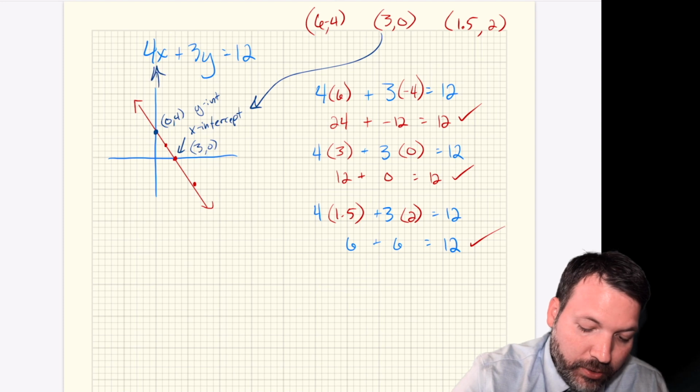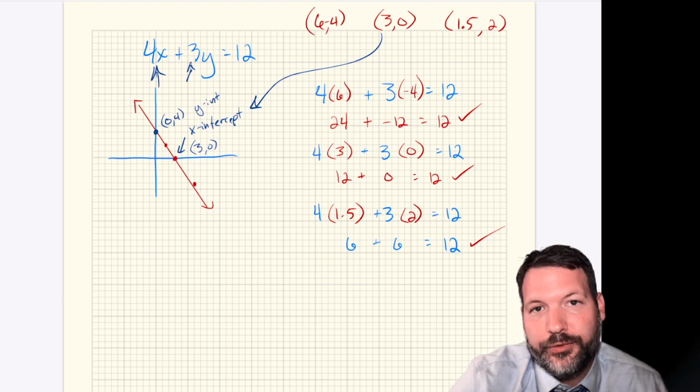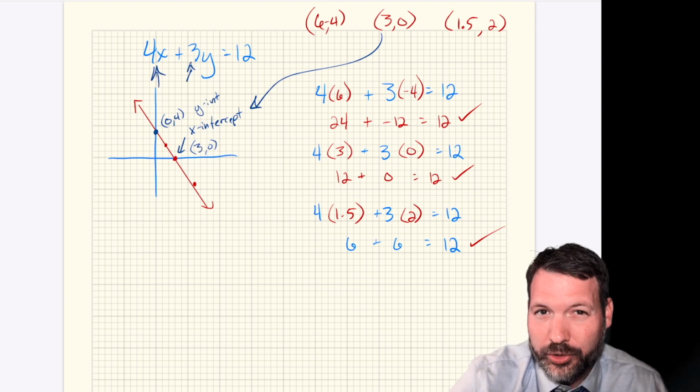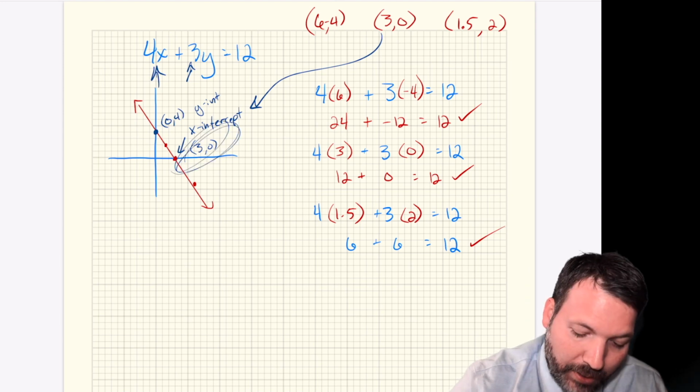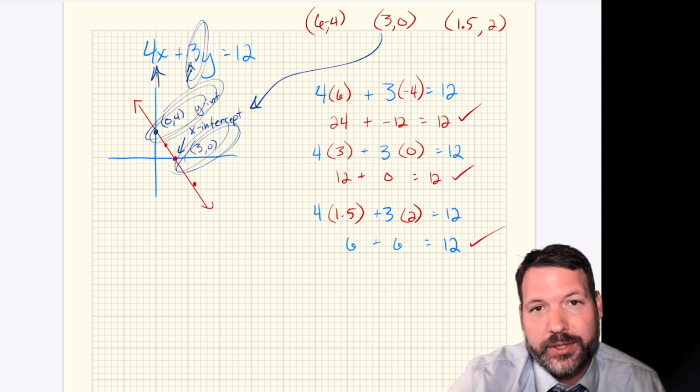And you might notice those numbers popped up in this form, but they appear to be in the wrong location. The x-intercept was the one associated with 3, but over here the 3 is in front of the y. The y-intercept was associated with 4, but over here the 4 is in front of the x.